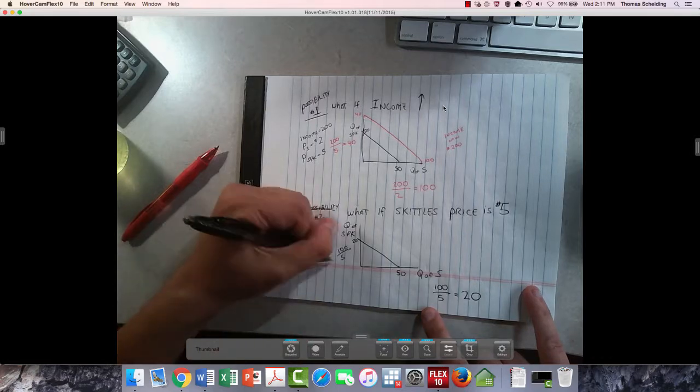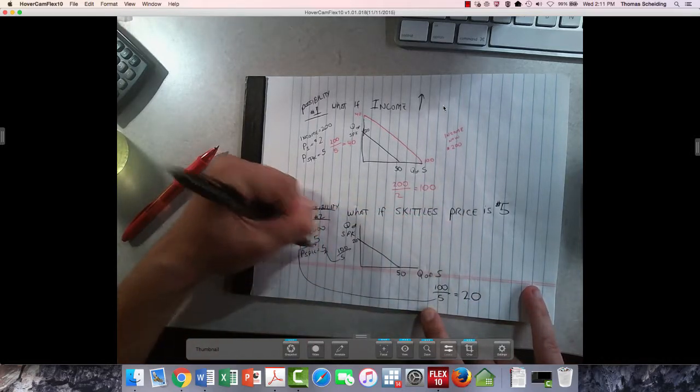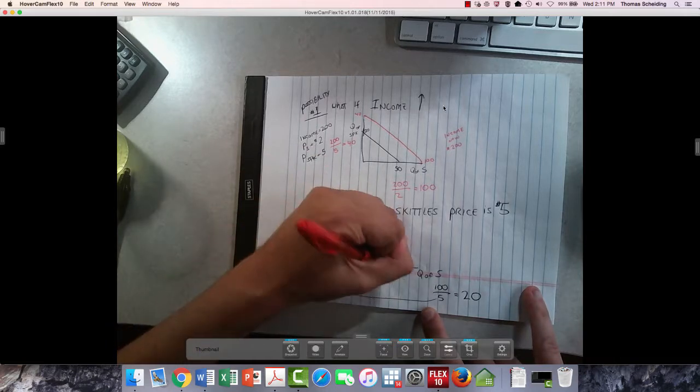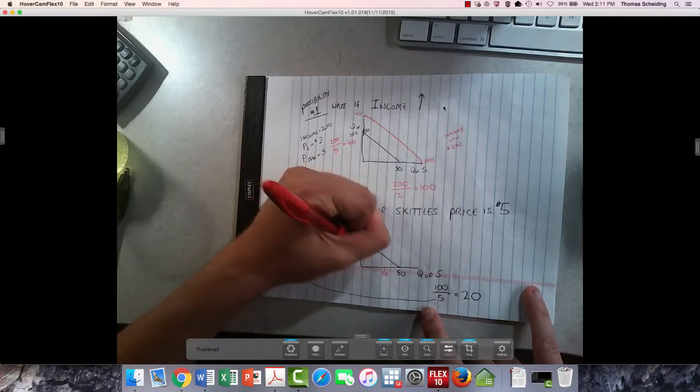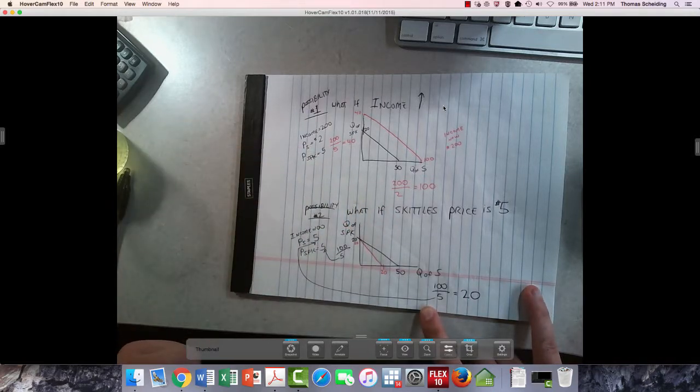This 5 is referring to here, and this 5 is referring to here. So now it's 20 and 20. The line basically becomes steeper.